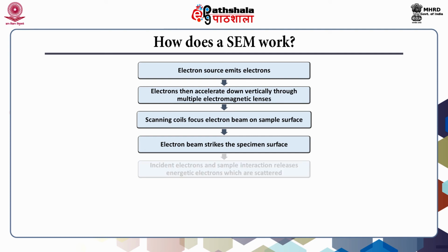Interaction between incident electrons and the sample surface leads to release of a number of energetic electrons from the sample surface. The interaction leads to a specific scattering of electrons, for example, backscattered electrons, secondary electrons, which can provide information on size, shape, texture and composition of the sample.